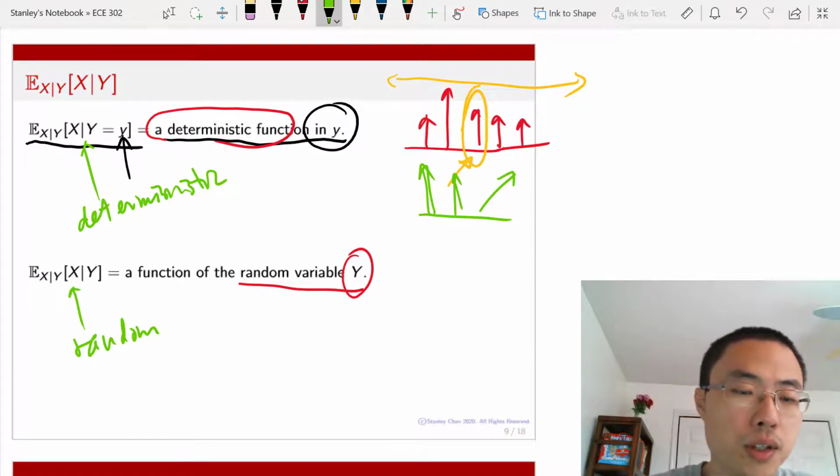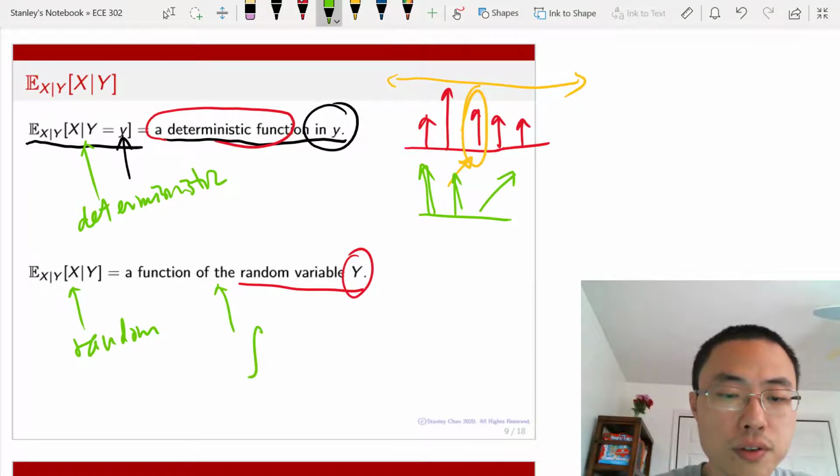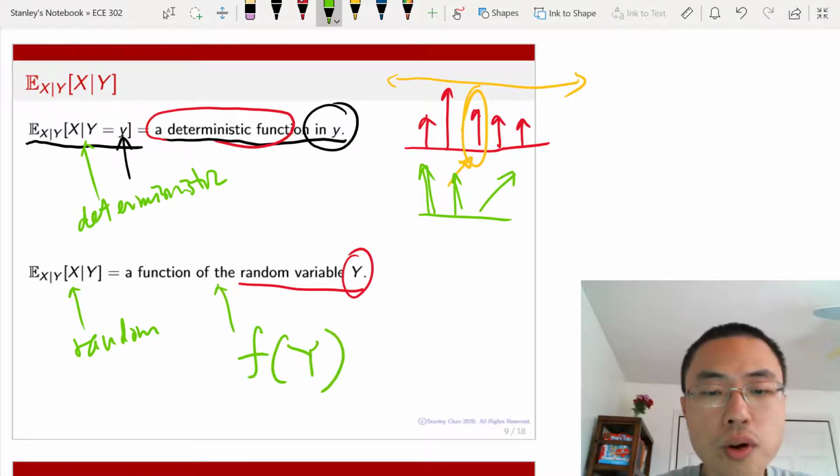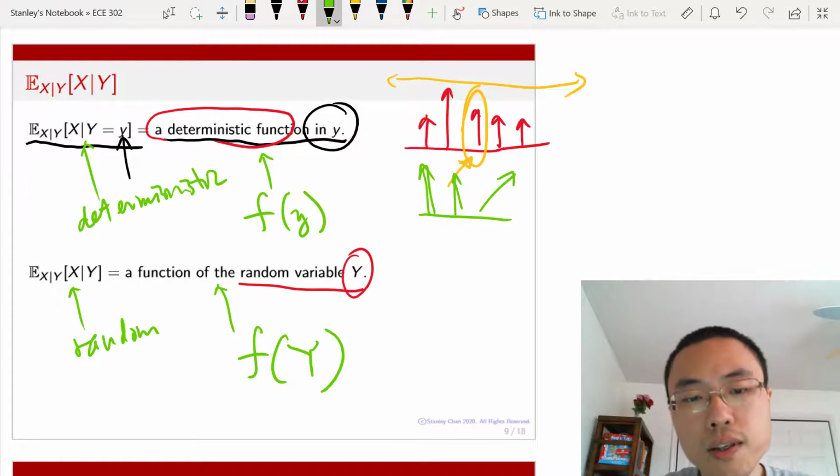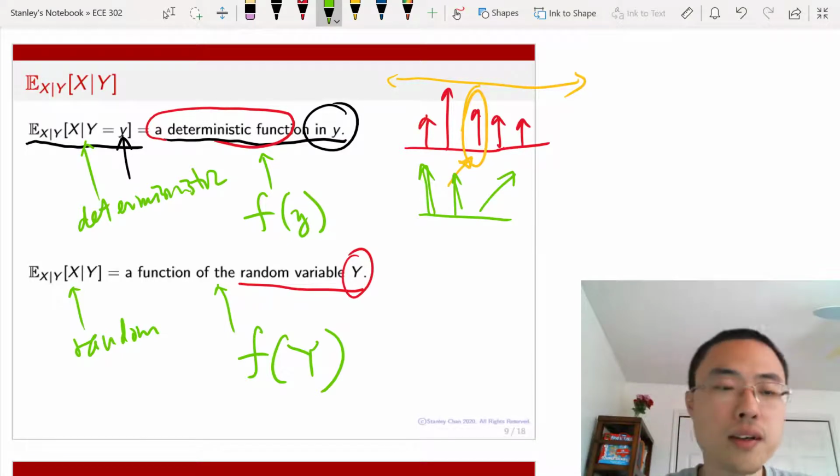And therefore, if you say that I compute this, it would be a function of small y. So there's nothing random here, but there is something random over there.